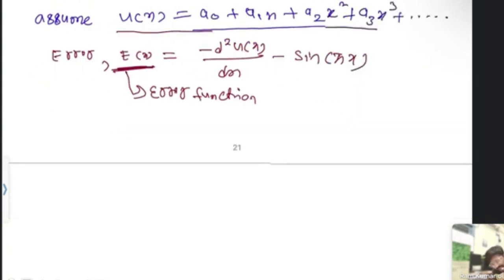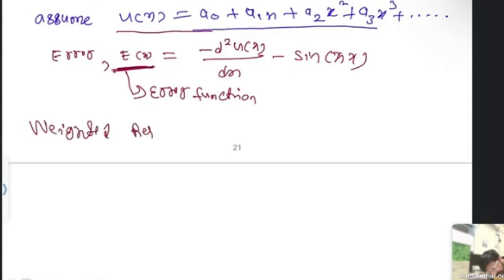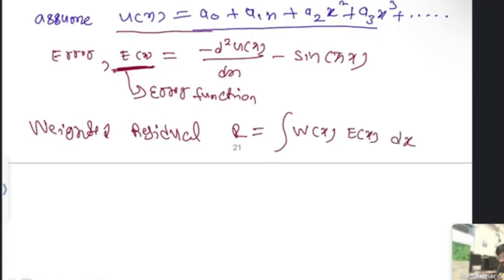Then what is the weighted residual? R equals the integration of w(x) e(x) dx.